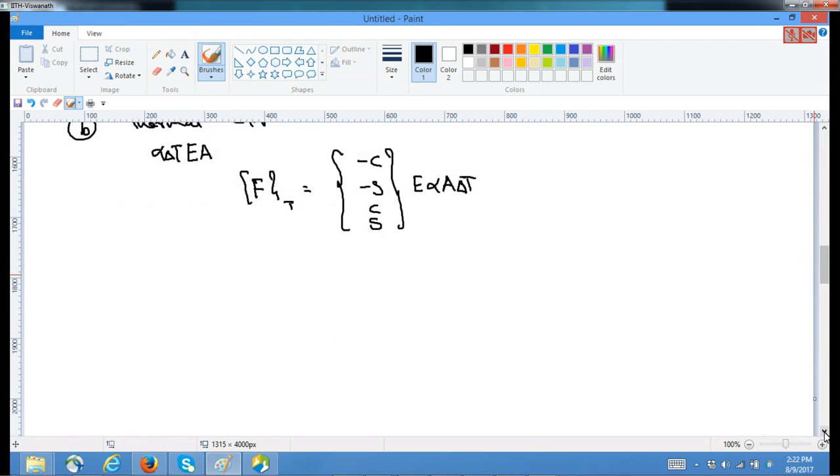Similarly, because of equilibrium, K element into your U, or the degree of freedom, is equal to R. I'll be using U and R interchangeably for these things. So your internal forces are equal to the external forces.